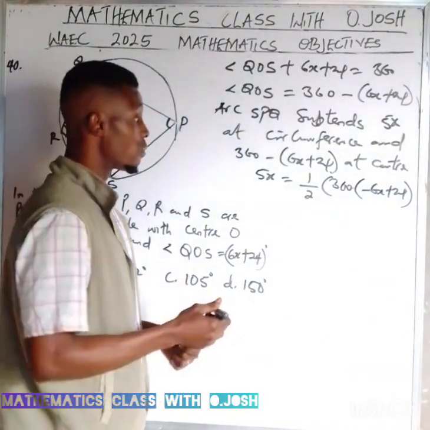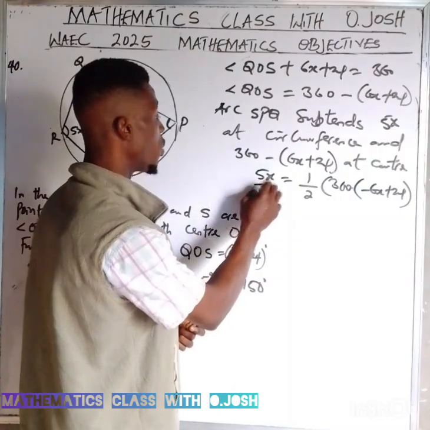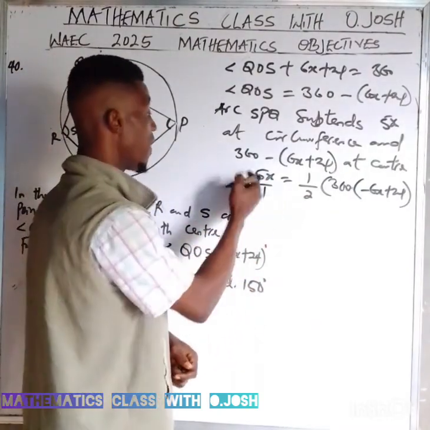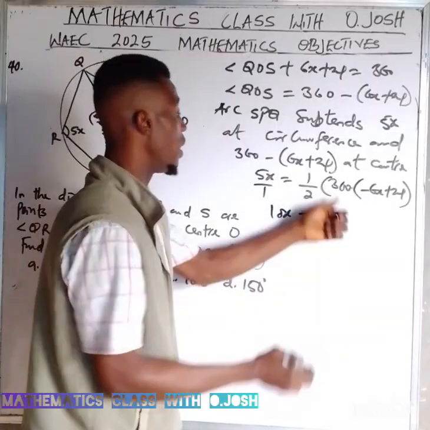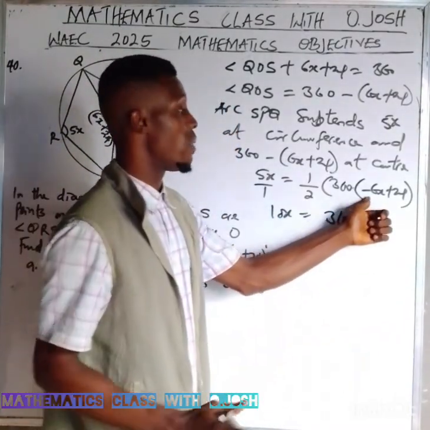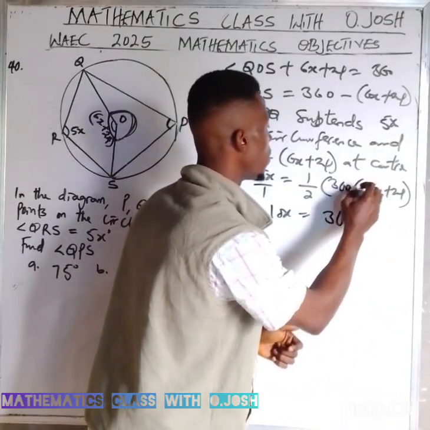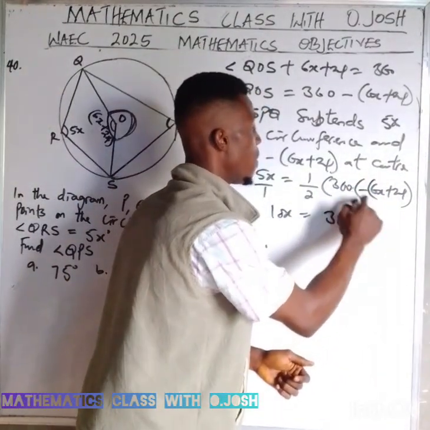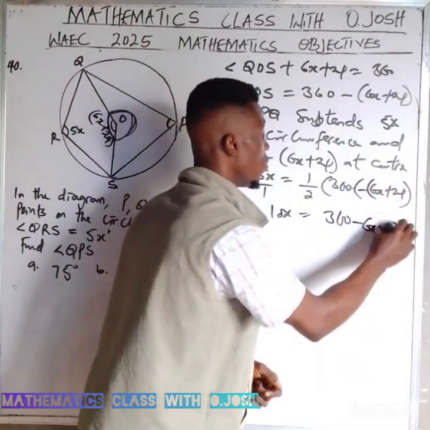Then from here, we can put this over 1 so as to cross multiply. So 2 times 5x, that's 10x, is equal to 360, open the brackets, this should be in brackets like this. So minus times 6x is minus 6x, minus times 24 is minus 24.